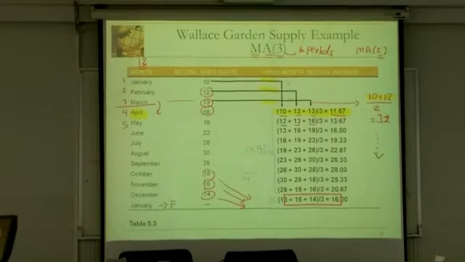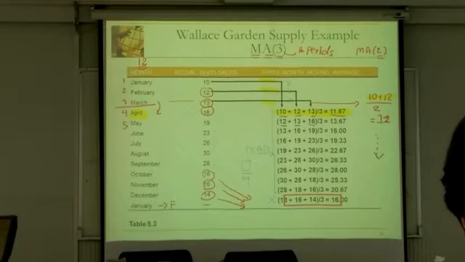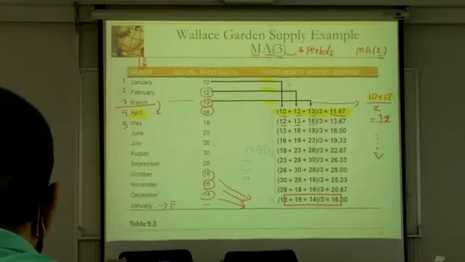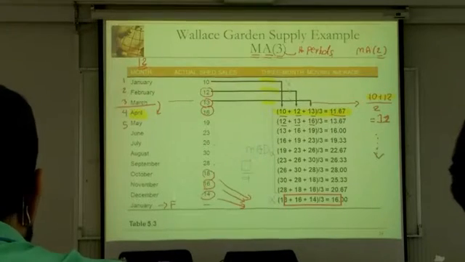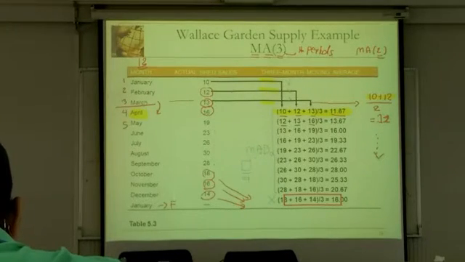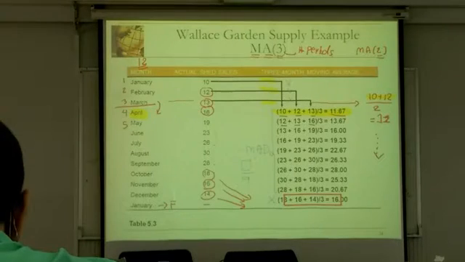So whatever I use is going to be divided by 1, 2, 3, 4, 5, 6, 7, 8, 9. So it's the summation of absolute deviation, then divided by 9 in this case. So that's moving average.